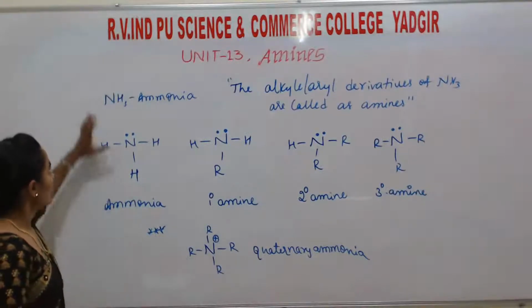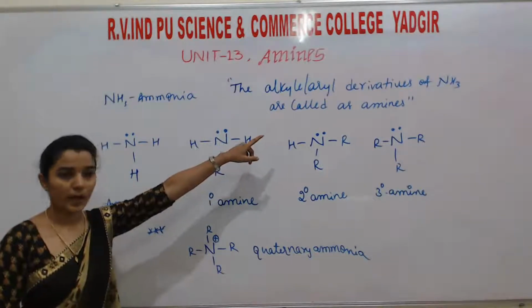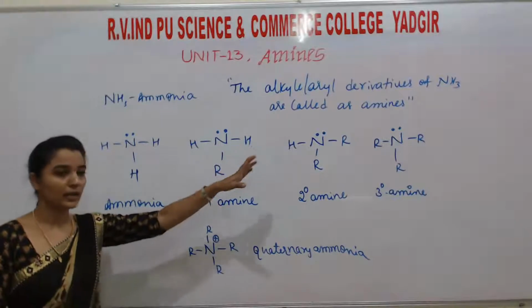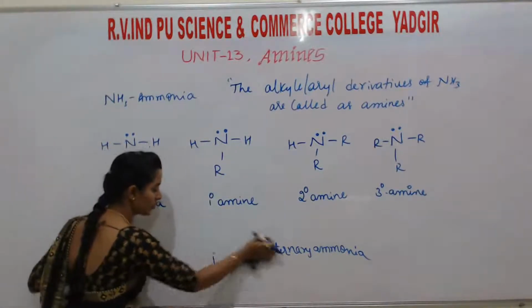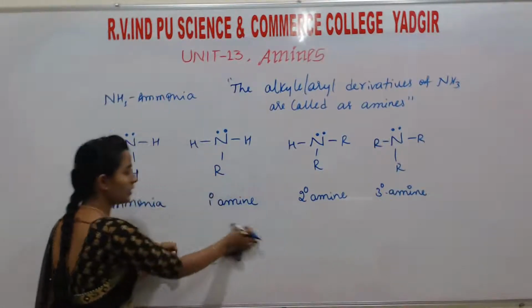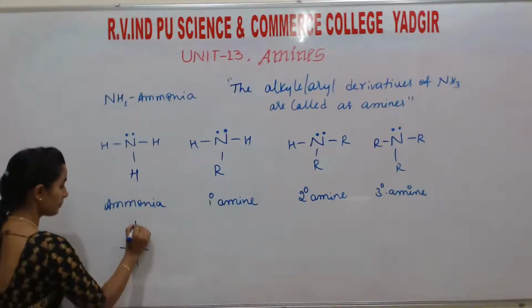So here, as I told you, the amines are the alkyl and aryl derivatives of ammonia. They are classified as primary, secondary, and tertiary. Why are they called primary, secondary, and tertiary, students? Listen, you know primary carbon atom, secondary carbon atom, and tertiary carbon atom, correct? I will take the example of methane.